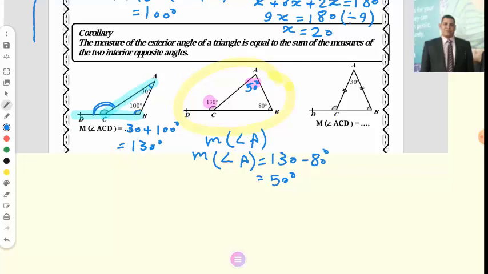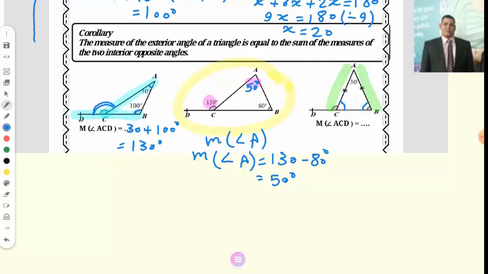In the last example, here we have an isosceles triangle. AB equals AC, so measure of angle B equals measure of angle ACB.